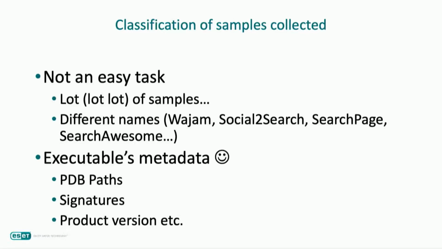The first observation was that Wajam is not the only name used in the software; there are many others like Social to Search, Search Page, and Search Awesome, for example. But hopefully, thanks to the metadata of the samples, mainly Windows executables, like the PDB path and the product version, it was possible to classify them.